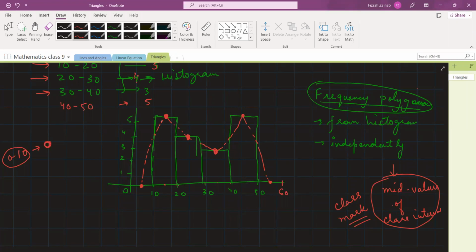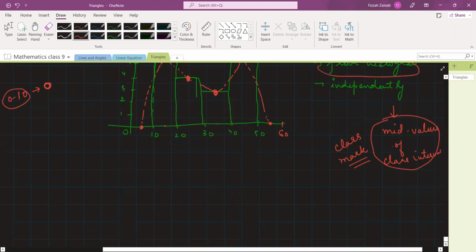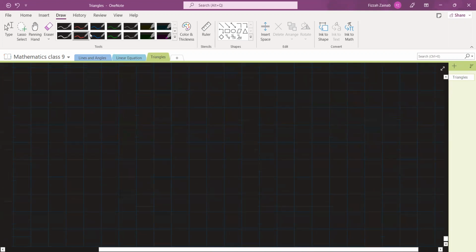Right? So as I told you, there are two methods of drawing it. Either after drawing a histogram, you plot it, or without drawing a histogram also you can plot it. How? If I use the same data, let us explain.